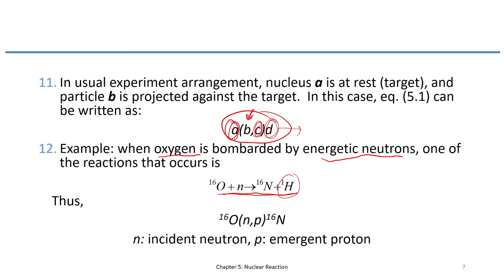This is the nucleus of hydrogen, so obviously it's a proton. In this case, outside the bracket is oxygen, the target. This is the bombardment, this is the product particle, and this is the product nucleus. In other words, the incident particle is the neutron, and the emission particle is the proton.